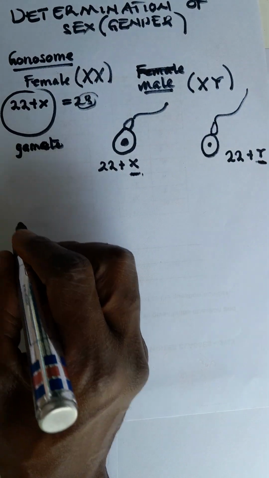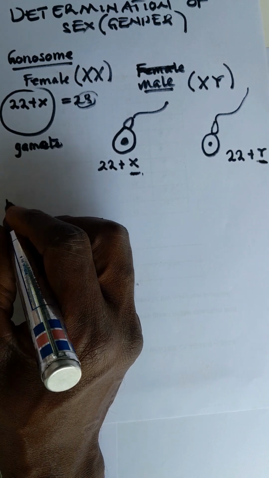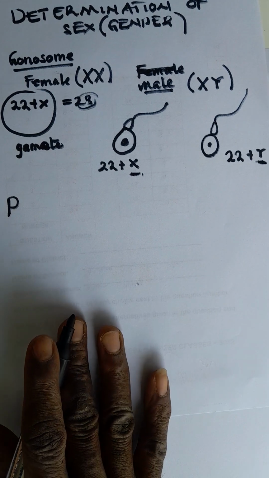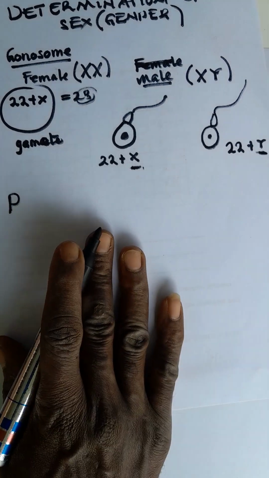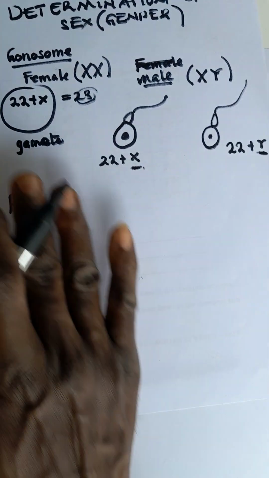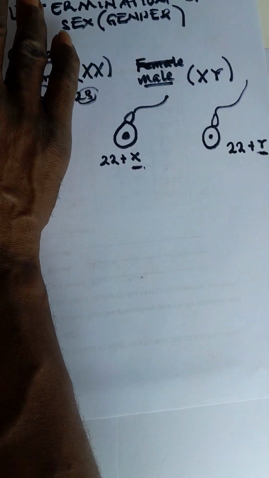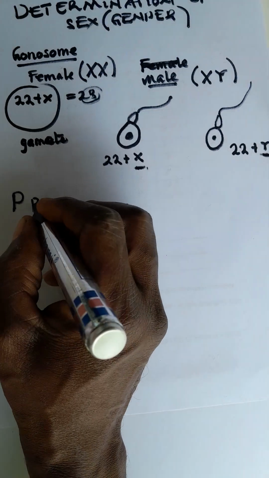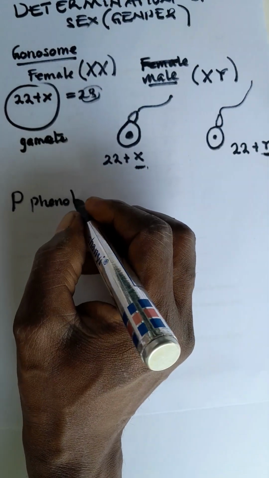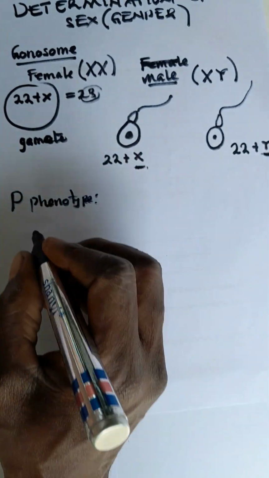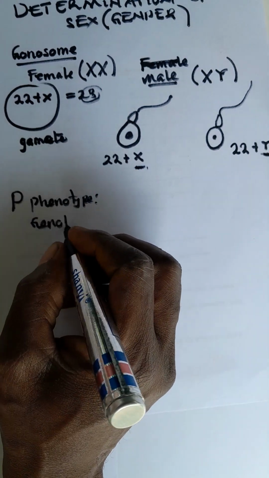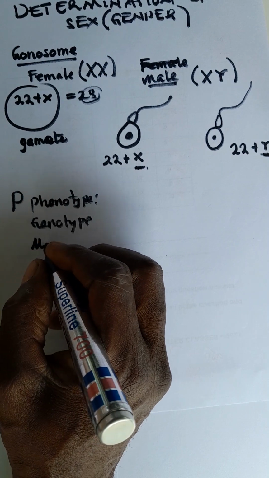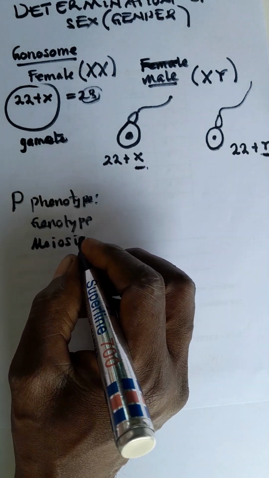We all know by this time the generic presentation of the genetic cross. I'm sure grade 12s, you should be familiar with the generic expression of the cross, where we begin with the phenotype, then we have the genotype, we have meiosis, which is a process that takes place.